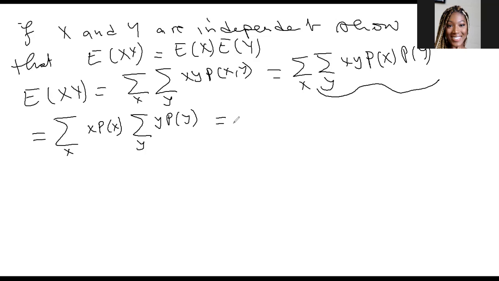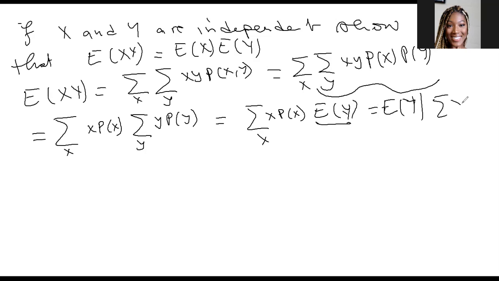And this is equal to sum over x of x P of x times E of y. Because E of y is a constant with respect to x, we can take it out. We have E of y times the sum x P of x, which is E of x. So this equals E of x times E of y.